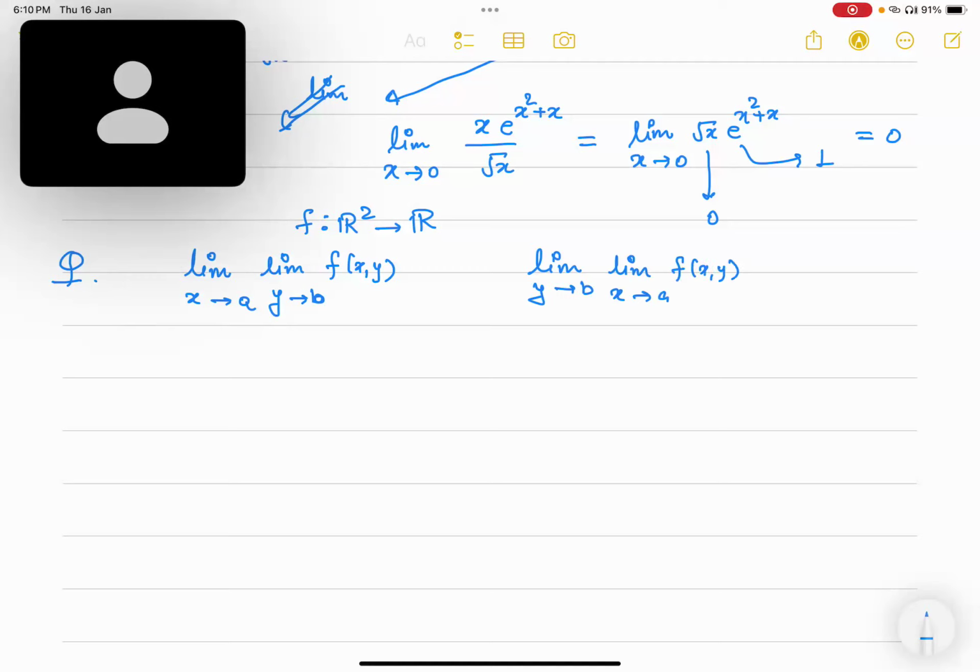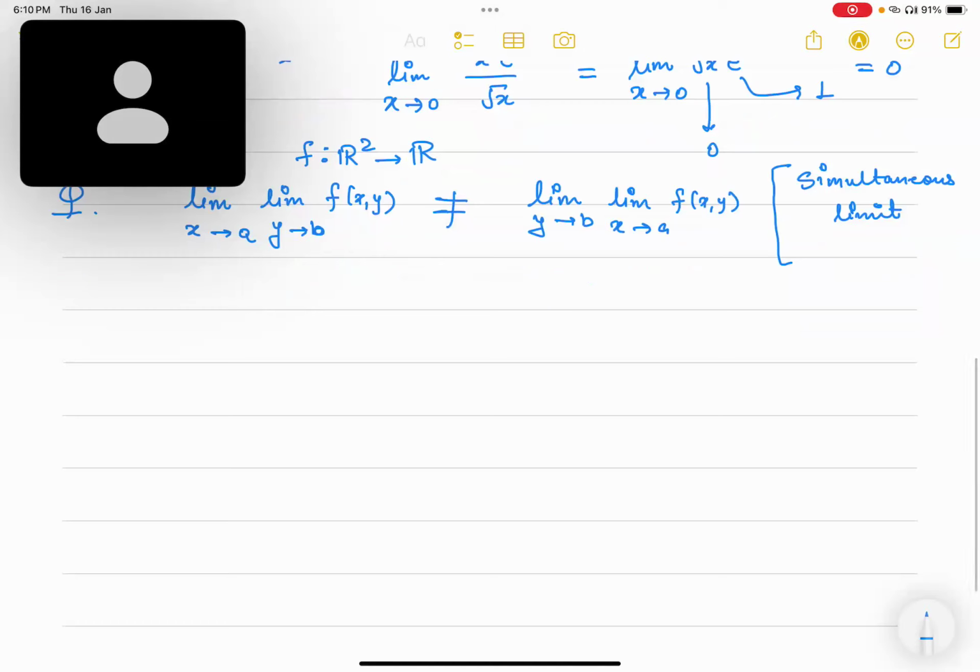What can we say about these two limits? Have you seen these limits? Yes, sir. I'm not wrong, these limits are called simultaneous limits, right? In general, these limits are not equal.